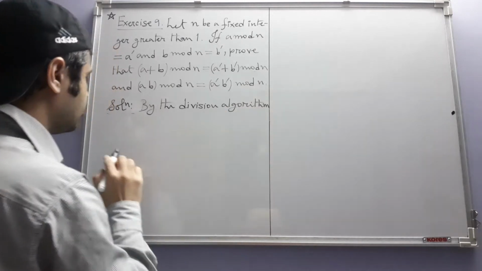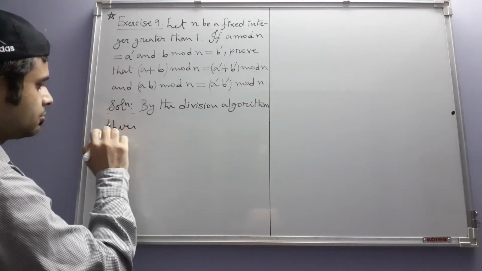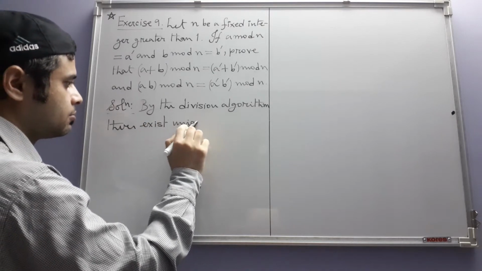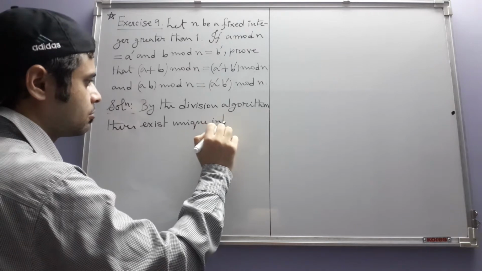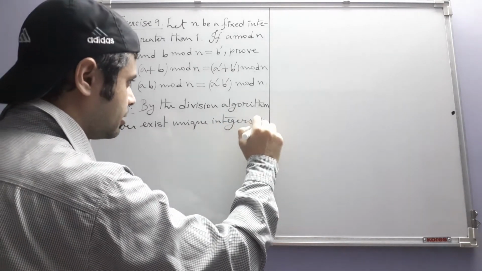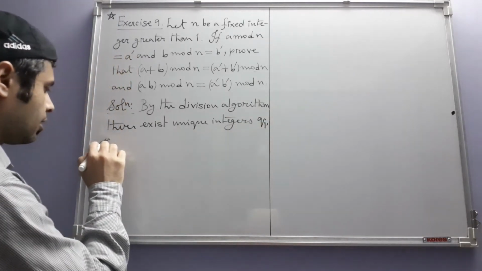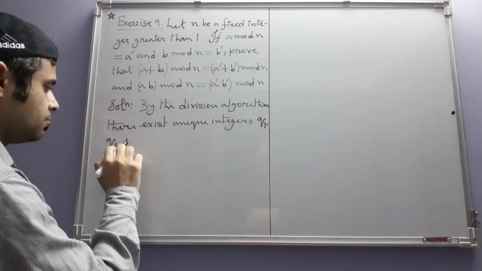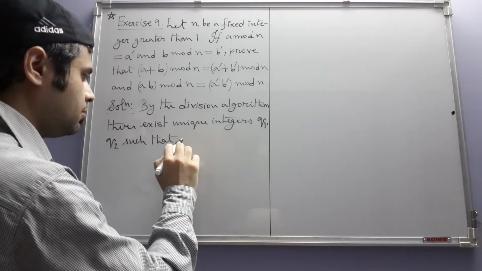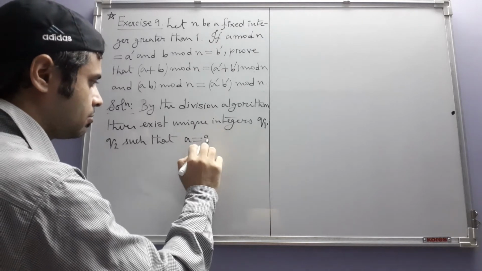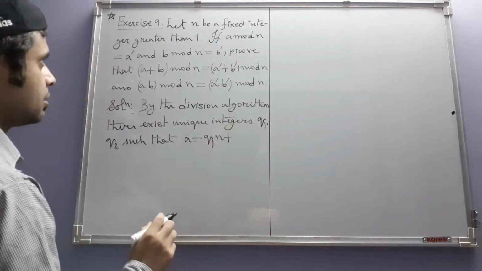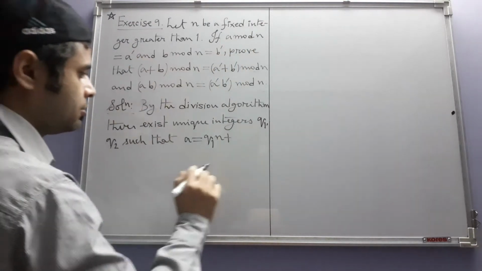By the division algorithm, there exist unique integers, say q1 and q2, such that when we divide a by n, the quotient is q1 and the remainder of course is a mod n, which is given to be a prime.